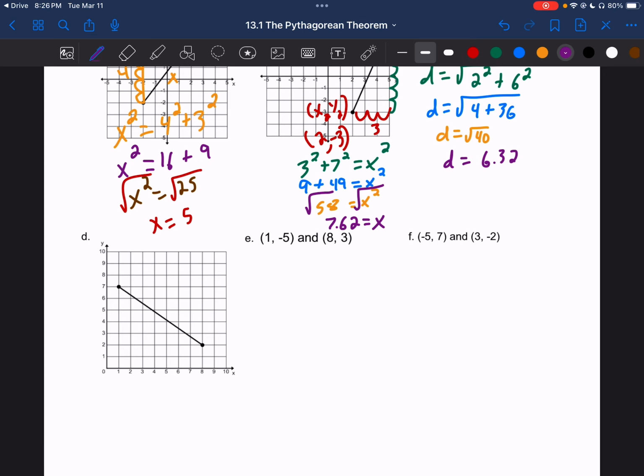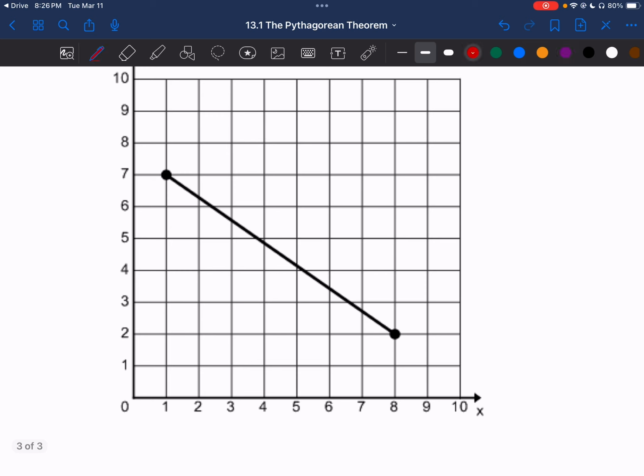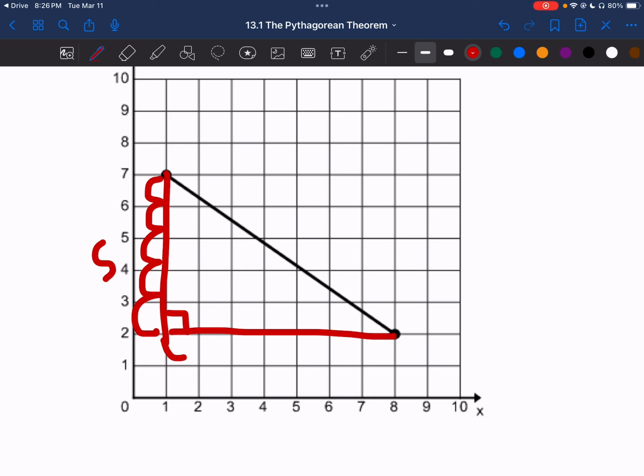So letter D, we're given a graph, so we don't need to use the formula, but we can use the fact that we know we have a right angle here. We're going 1, 2, 3, 4, 5 steps down. 1, 2, 3, 4, 5, 6, 7 steps to the right.